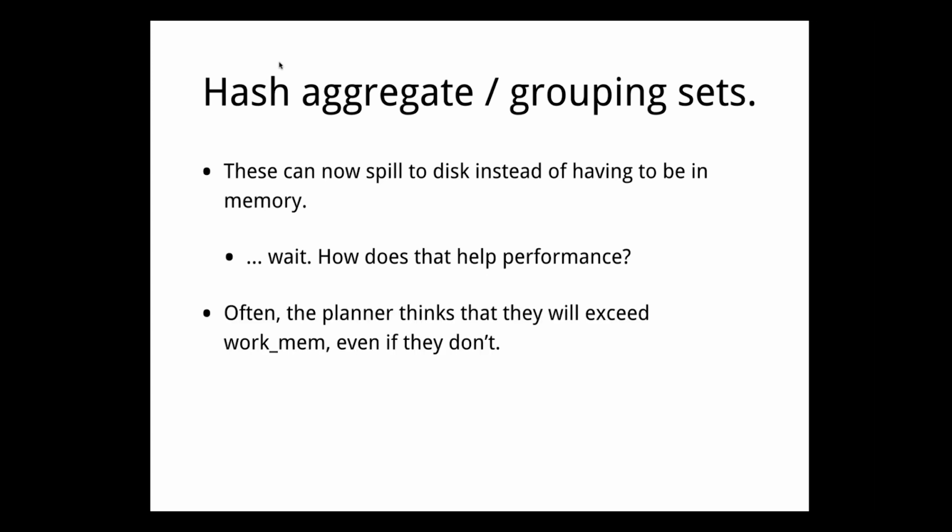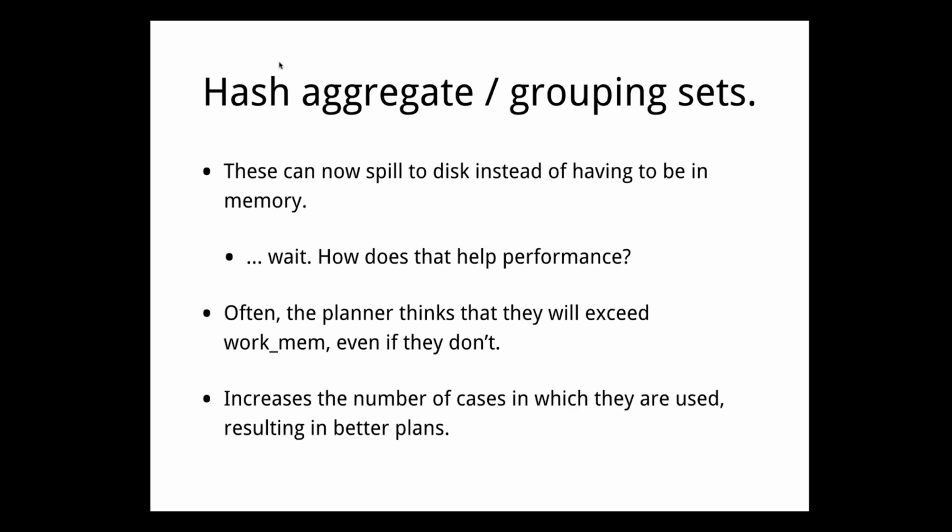One is maybe it's a relatively small amount of disk space and it's not going to burn that much, and often you're near the edge of where the planner thinks it will exceed work_mem, and the planner would, even for a query where this would work just fine, skip using these very efficient plans because it thinks it will exceed work_mem. This performance optimization will allow it to continue to use these potentially more efficient planner nodes, even in those cases.